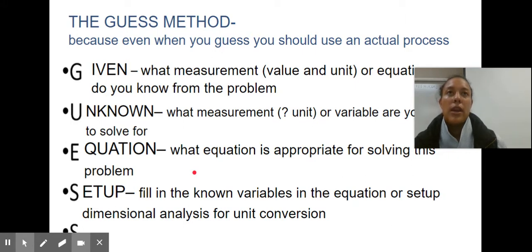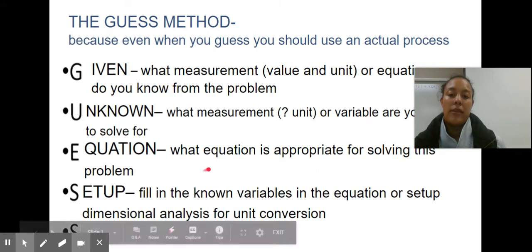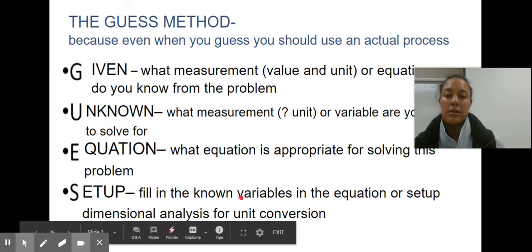Like, do I need to convert seconds to minutes? Or do I need to convert miles to feet in order to properly have a solution at the end? Okay. You won't always have to do that, but that might be a good place to put it.